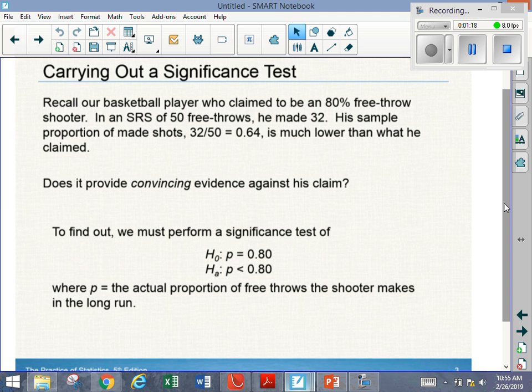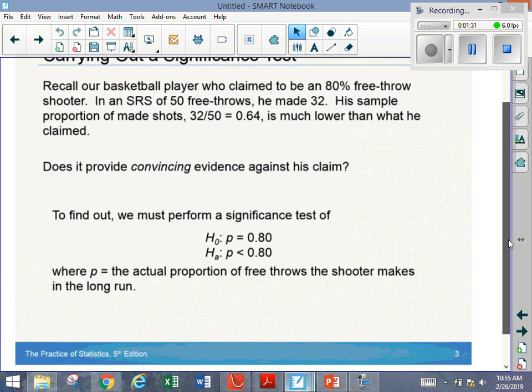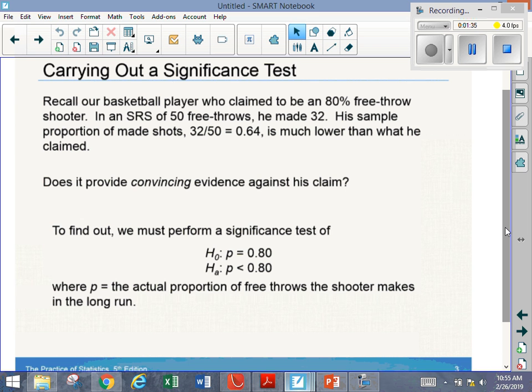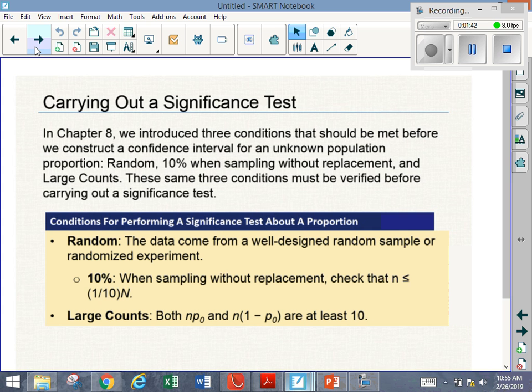So we're going to have to perform a hypothesis test or a significance test with a null hypothesis that the proportion is actually 0.80, and an alternative hypothesis that the proportion is indeed less than 0.80. So we've got p as our parameter, the actual proportion that he makes in the long run.